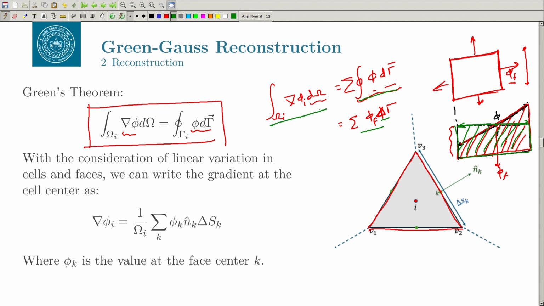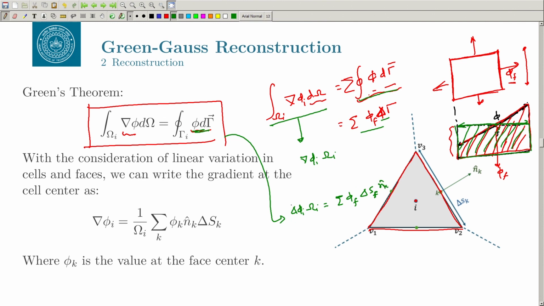Similarly, because the variables are varying linearly in the cell also, this can be written as delta phi I omega I. So, if you do both of these, assuming the linear variations, delta phi I omega I will become sigma phi f delta S f, and because this is along the normal, you have to use the face normal n k.